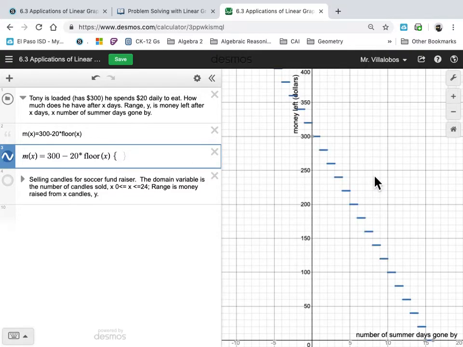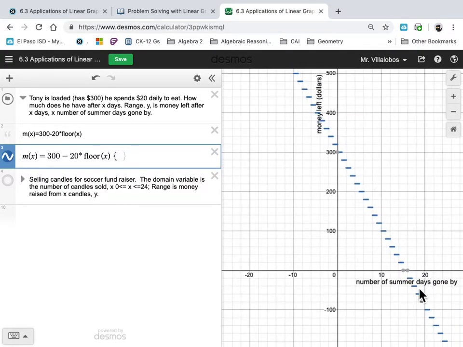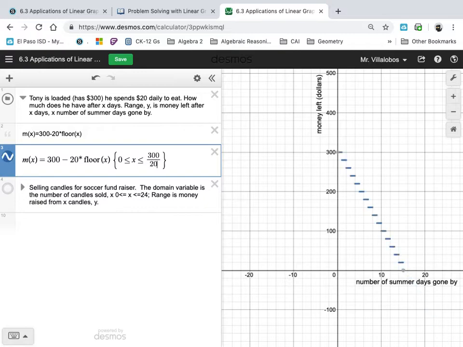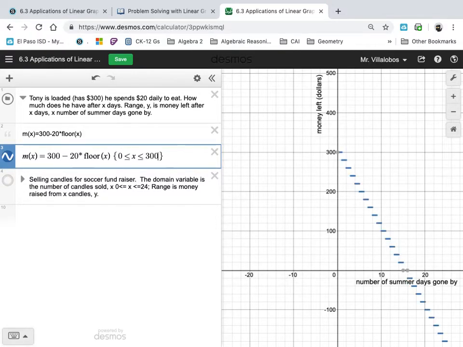Question: when does he run out of money? That's on day 15. So I'm going to say it's 0 less than or equal to X less than or equal to 15. And that's easy to understand because 300 divided by 20 is 15. That's the algebra.